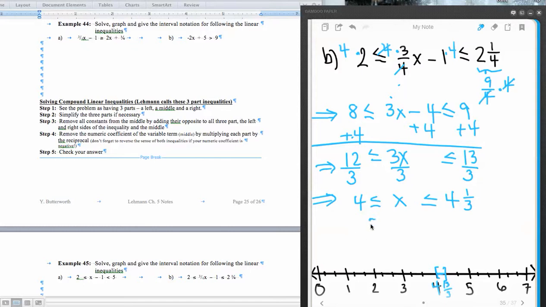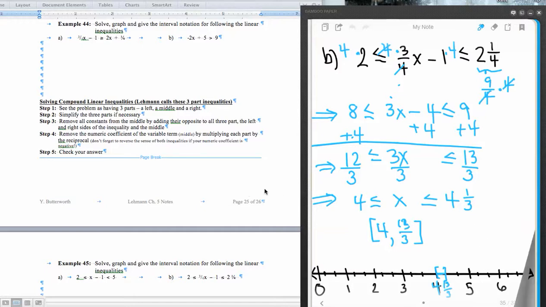And now interval notation: 4 is my left, it is included, so it's got a bracket, up to 13 thirds, and that one is included as well, so it's got a bracket on it too. And so there's my solution set, and those are all the parts.